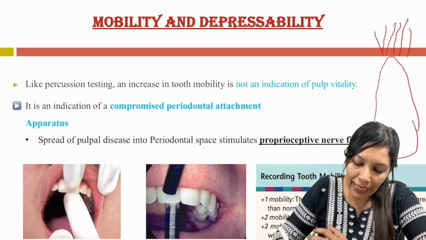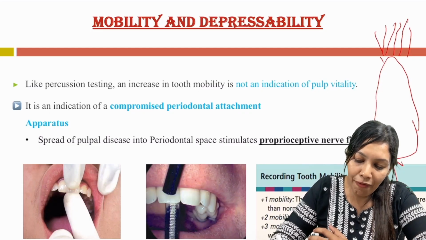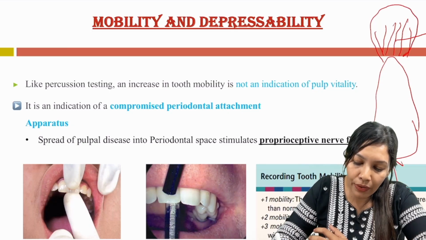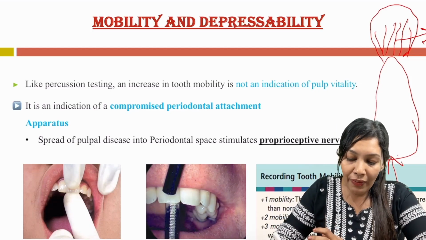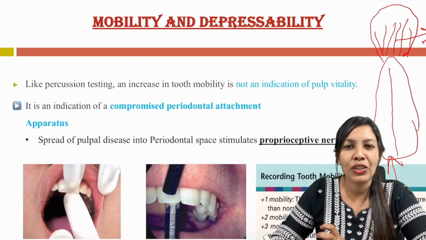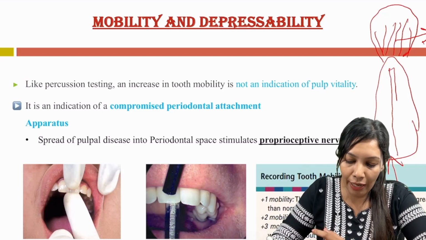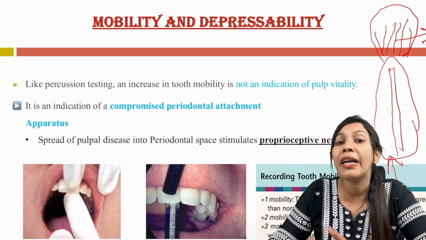Suppose the patient has a pulpal disease that has only affected the pulp. If we hit, the patient might not have pain.